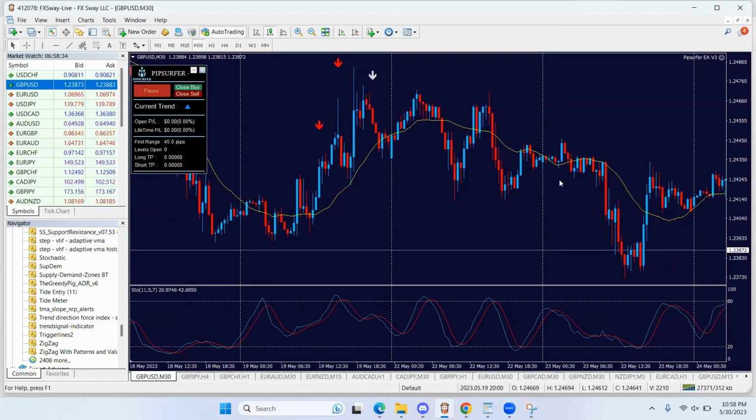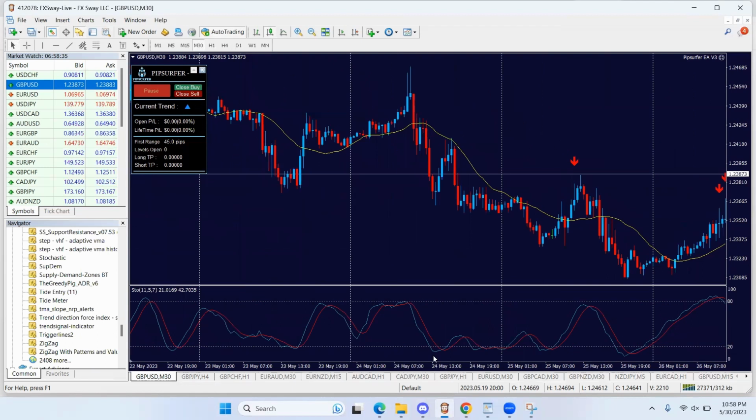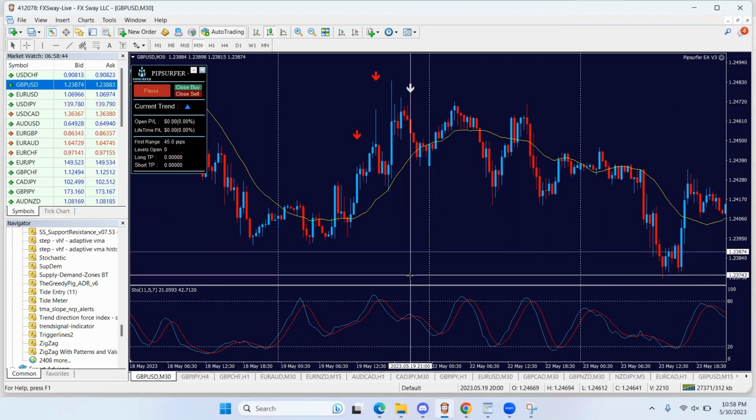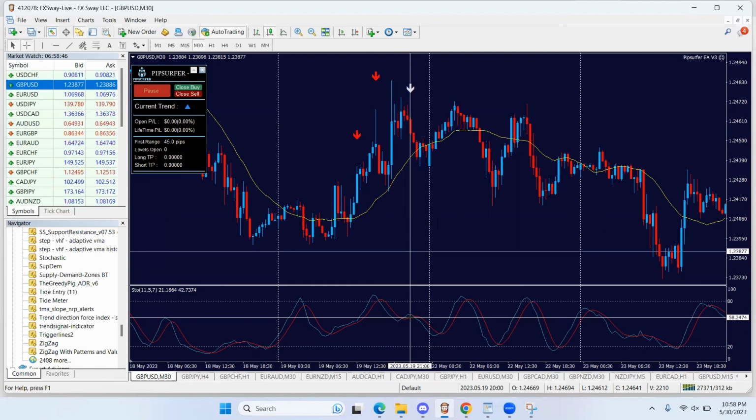If it's lower, on the lower side of things, it'll be oversold. So this was a strategy one trade. Notice how the stochastic was above 55, because I think that's the setting for this particular indicator.